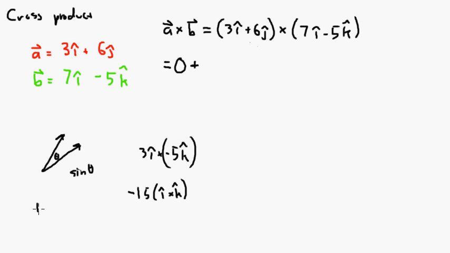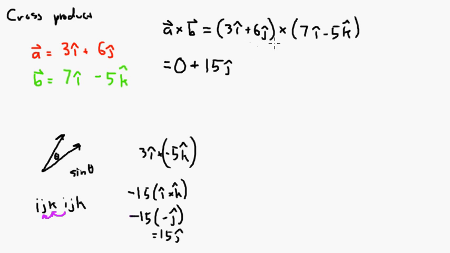So let's see, I'm going to write my i j k, and I'm going from i to k, so I have to go to the left to get to k, right? So I go one more step to the left to get to j, and my answer is going to be negative. So this is going to be negative 15 times negative j hat, which is going to equal 15 j hat. So this is my outer term, 15 j hat.